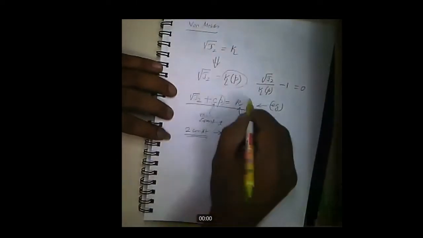This is called the Drucker yield condition, yield function, due to Drucker. So generalization of von Mises would be Drucker.